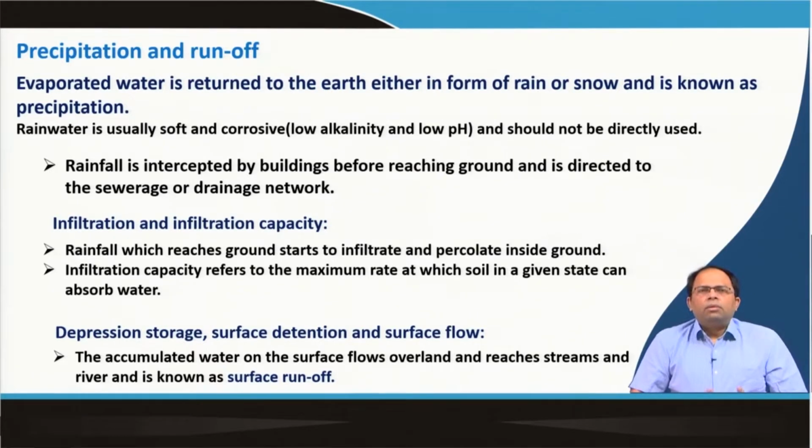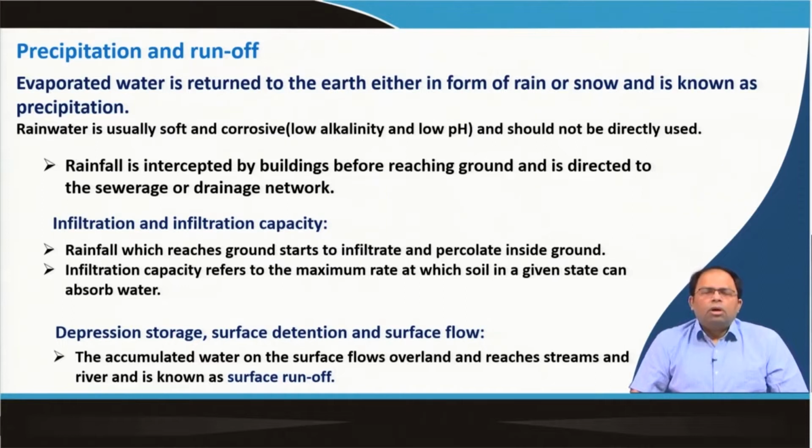Then when precipitation happens, from now onwards we talk about rainfall, we are not talking about snow. Most of the rainfall, and snow as well, falls on the different surfaces in an urban area. That means there are paved surfaces, there are green surfaces, and much of it falls on the buildings, on the rooftops.